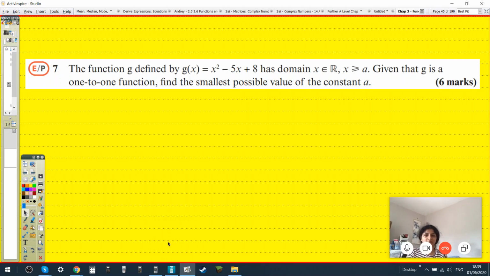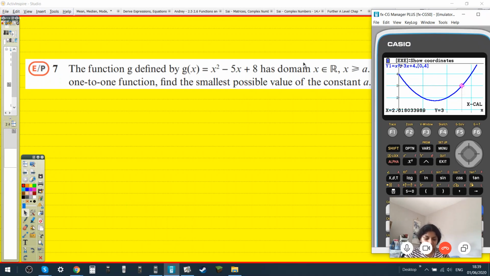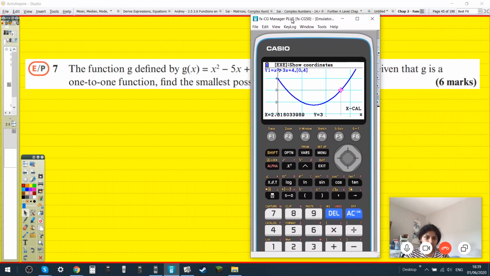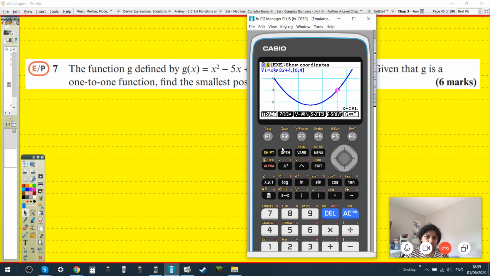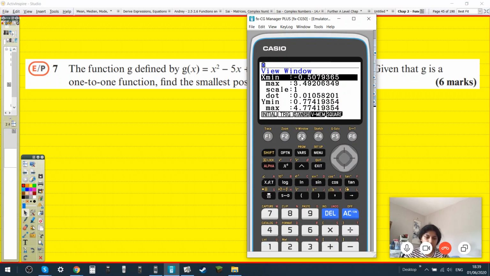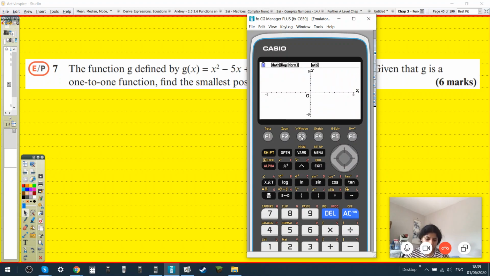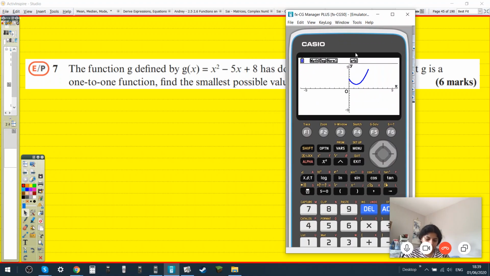Okay, I'm just going to graph it first. Great answer. Sorry, I need to move that. There we go. Well, if it's 1 to 1, then it has to be at the minimum point, I think.